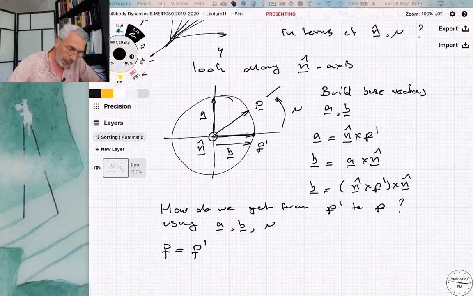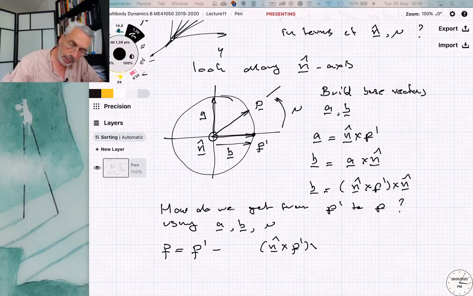I have to walk backwards with B, and B was called n hat cross p prime cross n hat. Maybe it's better to first say that's B. So backwards over B, and how long?